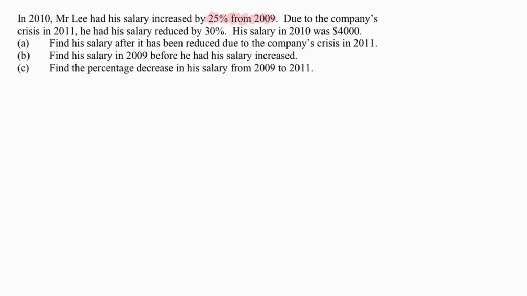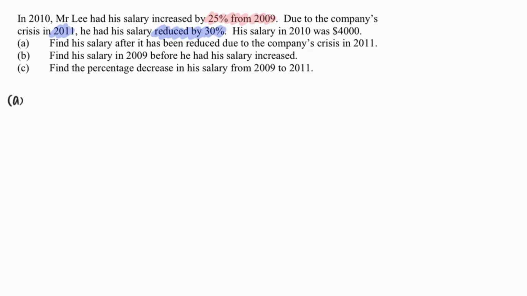Due to the company's crisis in 2011, which is the following year, he had his salary reduced by 30% as compared with 2010 salary. Now his salary in 2010 was $4,000. Part A, calculate his salary after it has been reduced due to the company's crisis.